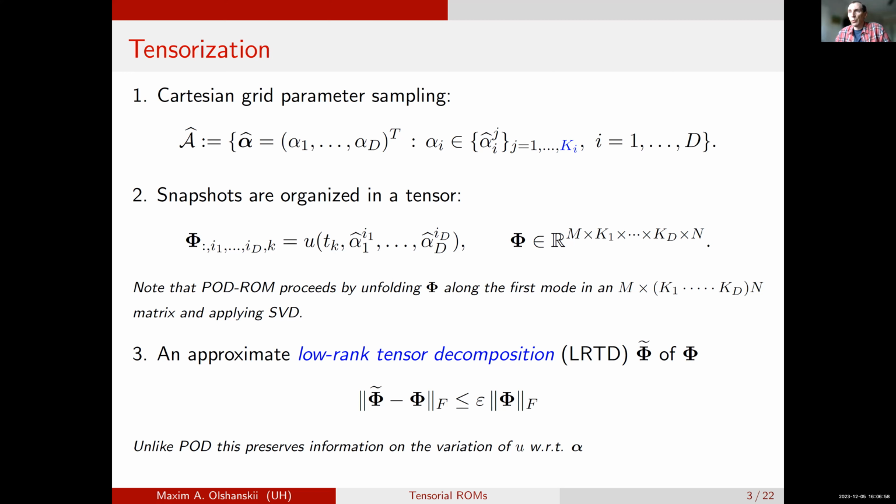Then we can interpret a truncated SVD as finding an optimal low rank approximation for the snapshot matrix. Now instead of the matrix we have a snapshot tensor, so we can think about some optimal or quasi-optimal low rank approximation of the snapshot tensor.